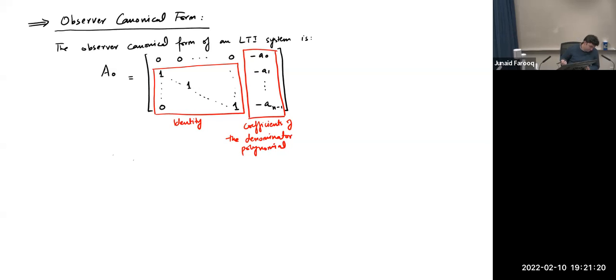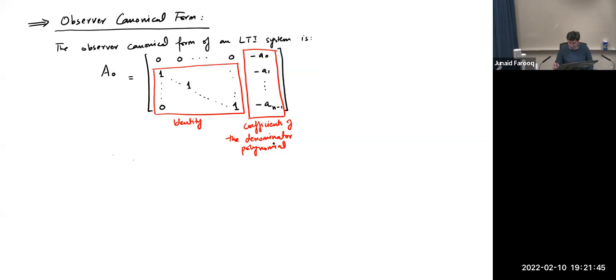Just a disclaimer here, again, this form of the observer canonical form is actually a convention that we use, but different books will use different conventions. And as I said in the beginning of the lecture, you can always exchange the rows and columns and it will be a new canonical form.